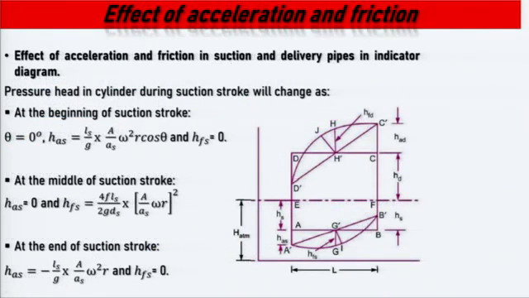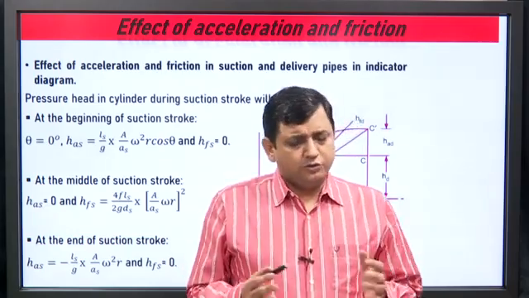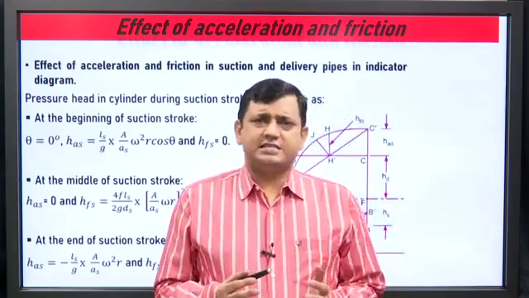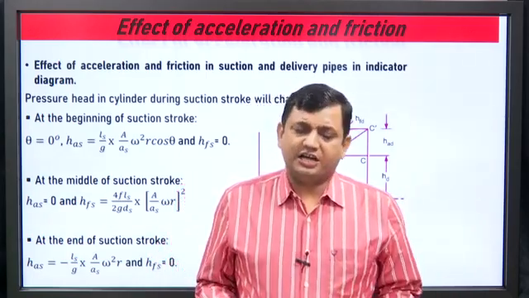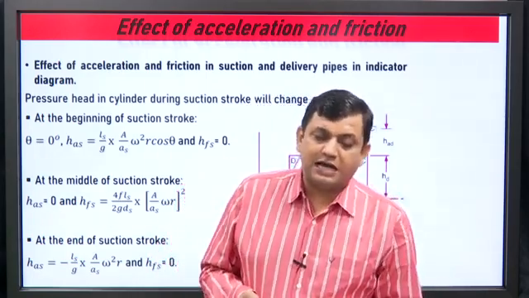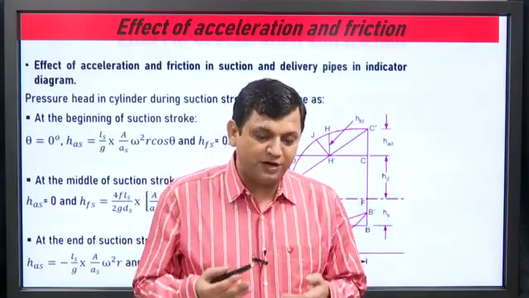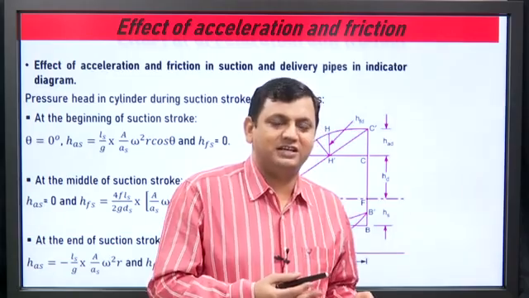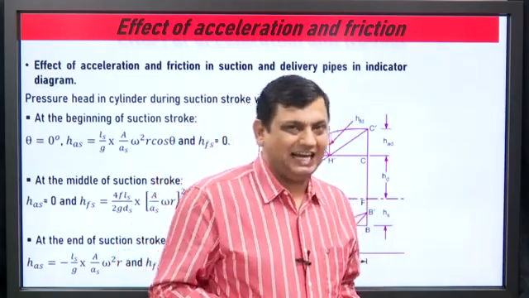What is the combined effect? The effect of acceleration and friction, in both the suction and delivery pipes, in the indicator diagram. Our objective is to calculate the effect of acceleration and friction in suction and delivery pipes in the indicator diagram.